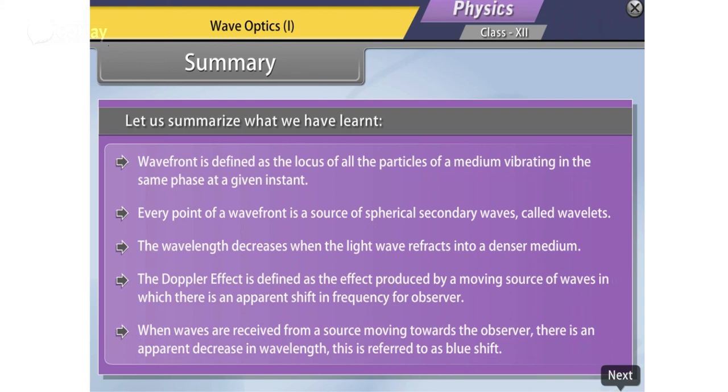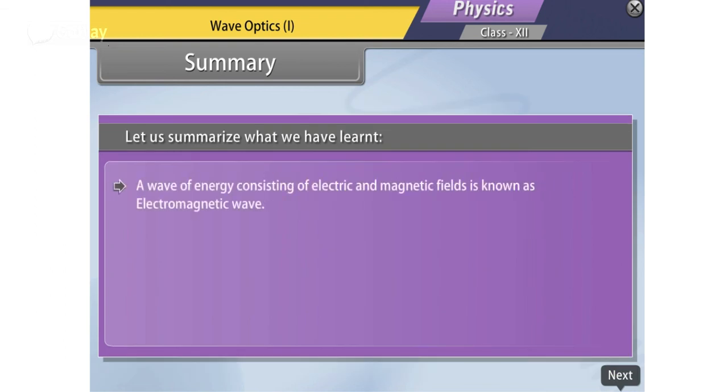When waves are received from a source moving towards the observer, there is an apparent decrease in wavelength. This is referred to as blue shift. A wave of energy consisting of electric and magnetic fields is known as an electromagnetic wave.